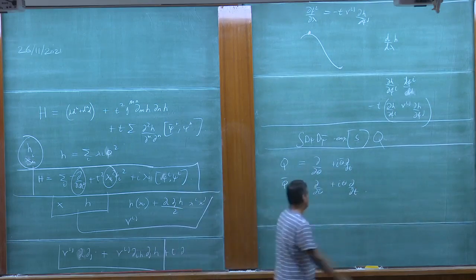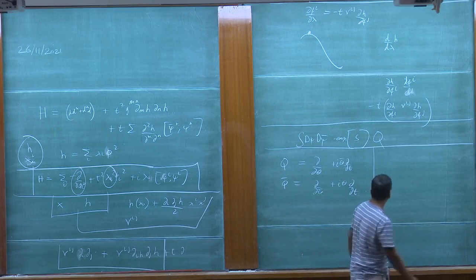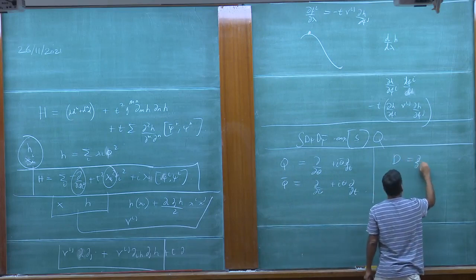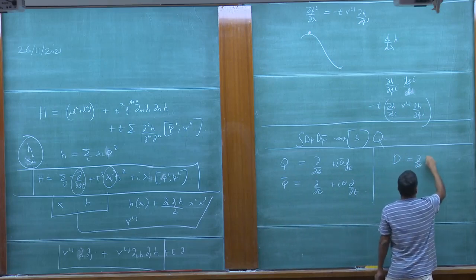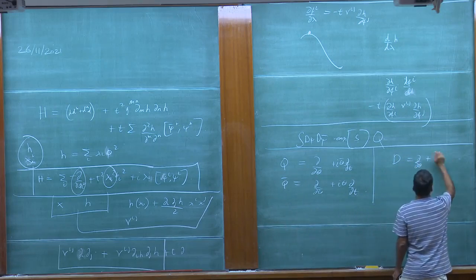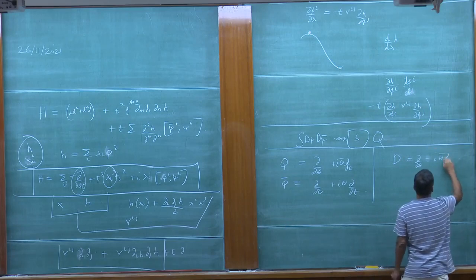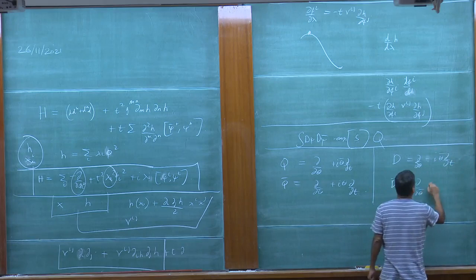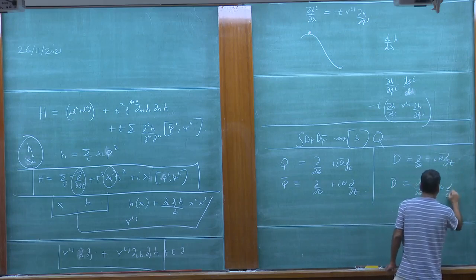And when we had our discussion, we also made use of these operators D, which were equal to del theta plus i theta bar del t, and D bar, which was equal to del theta bar minus i theta del t.